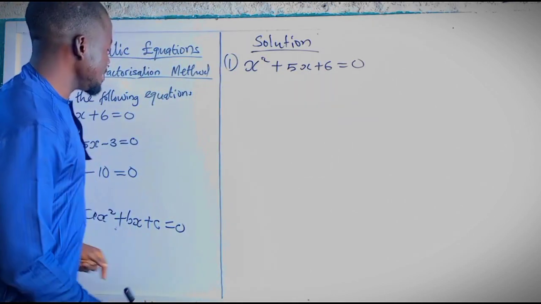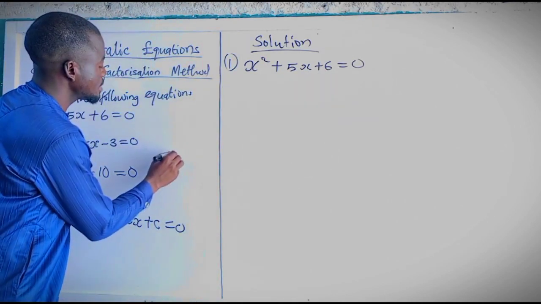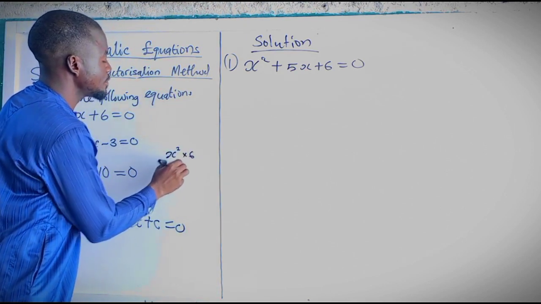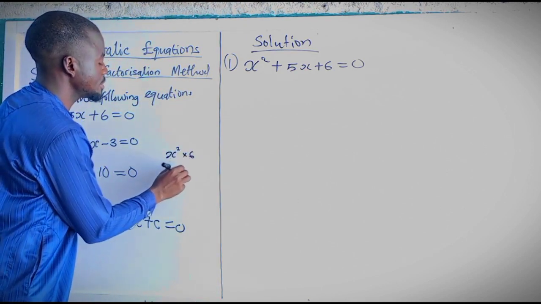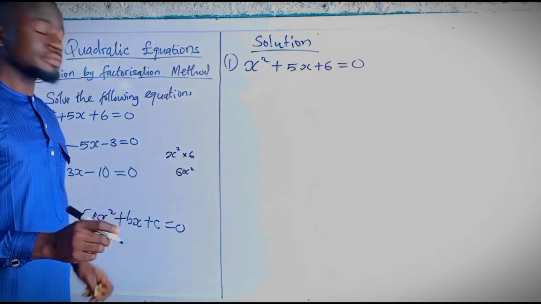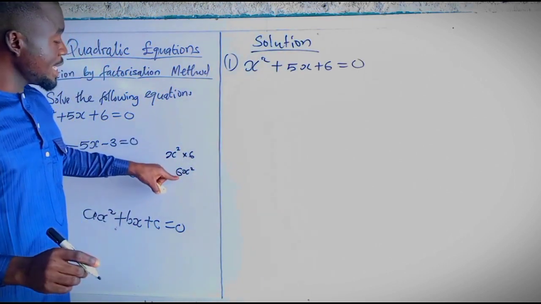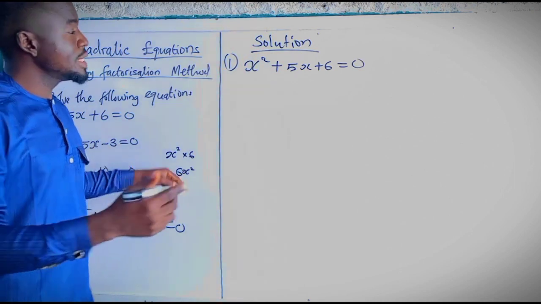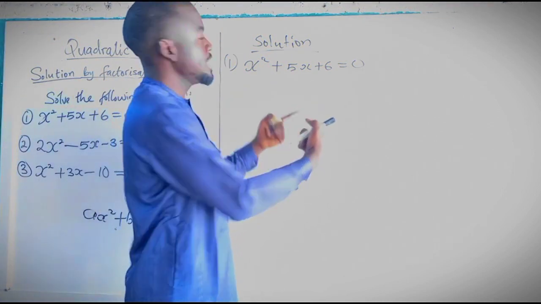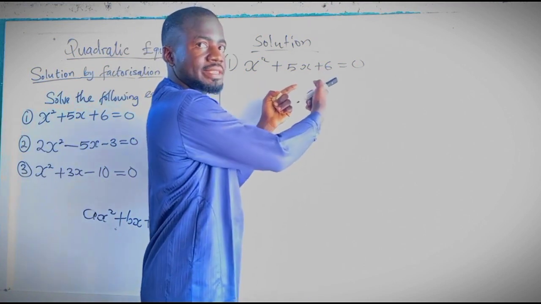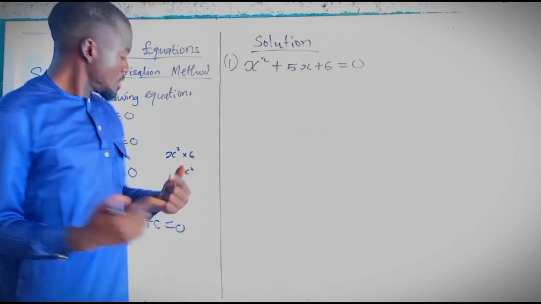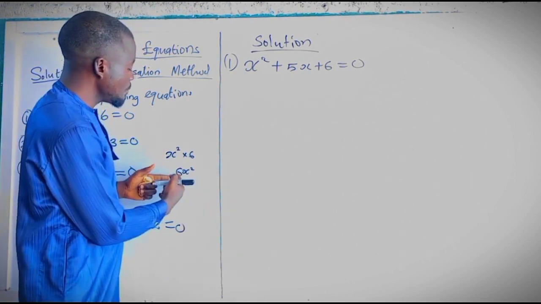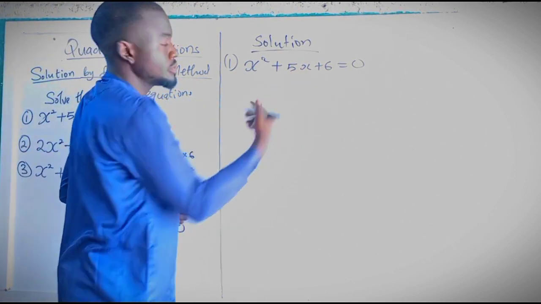So when you multiply x squared by 6, you have 6x squared. Now, we take factors of 6x squared that when you sum them together, they give you 5x. So let's look at that.